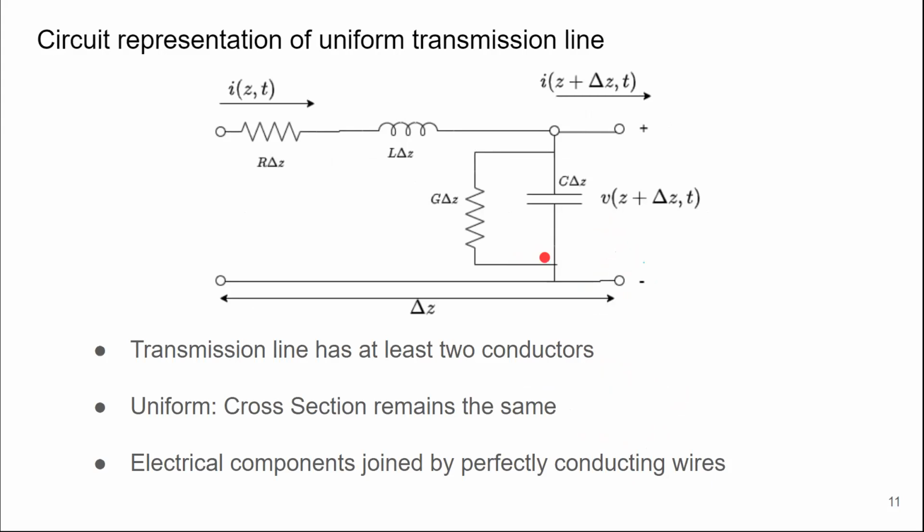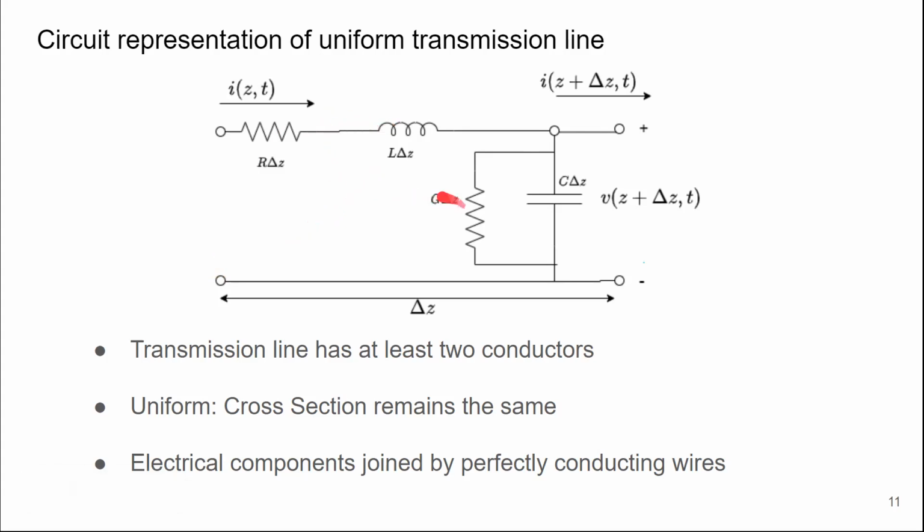In transmission lines, I have mentioned that there are two conductors, the top conductor and the bottom conductor. We consider that the cross section of the transmission line is similar at each point of the transmission line, so it is a uniform transmission line. Apart from that, we consider that the electric components are joined by perfectly conducting wires.